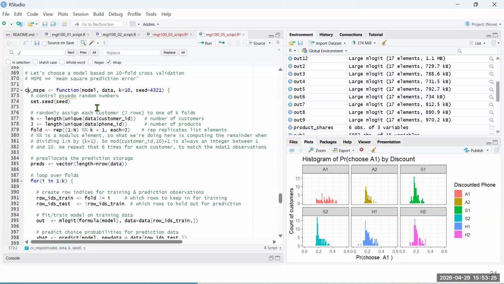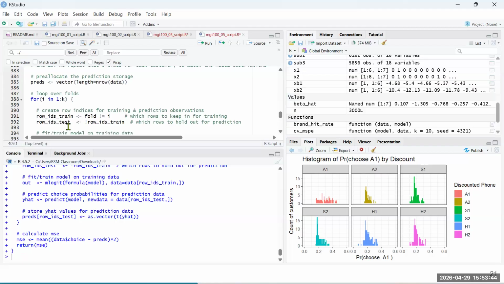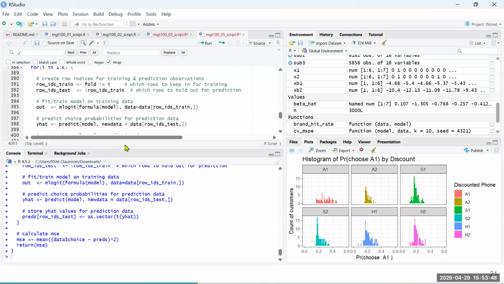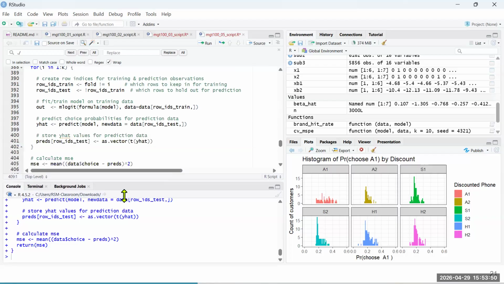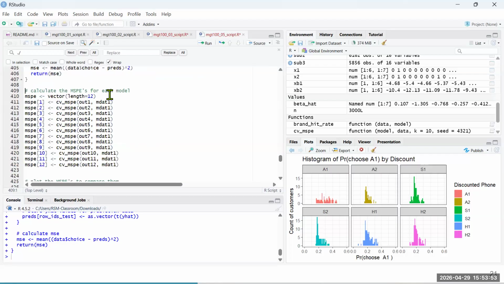First, we're going to set the number of folds to be 10. We're going to estimate each of these models 10 times, holding out a random 1/10 partition of the data. We'll predict what the model didn't see. And then we're going to calculate mean square prediction errors for each model within each fold. And we're going to graph those.